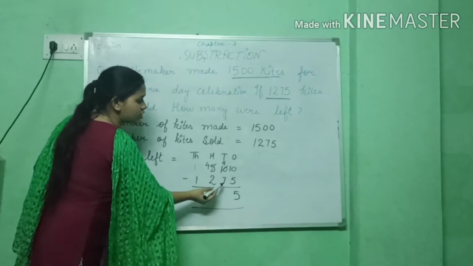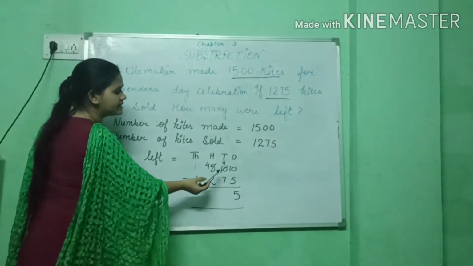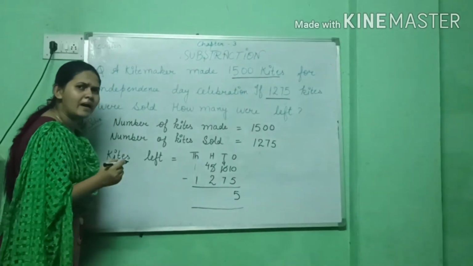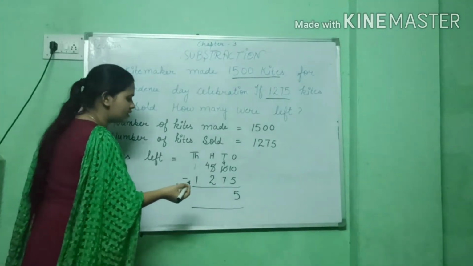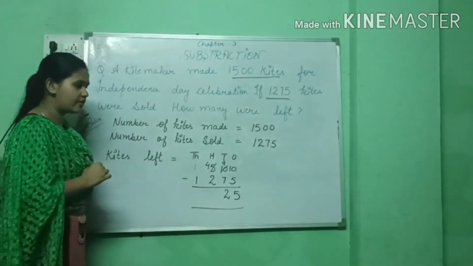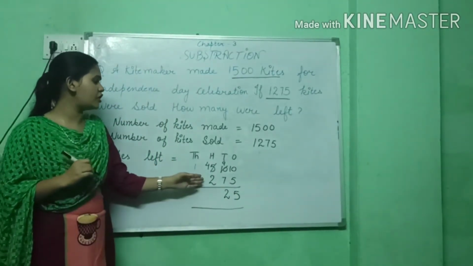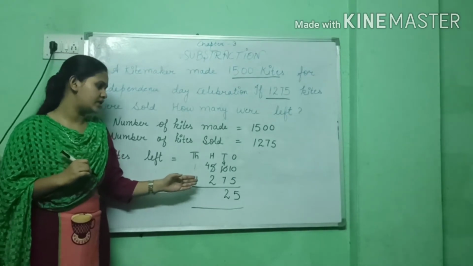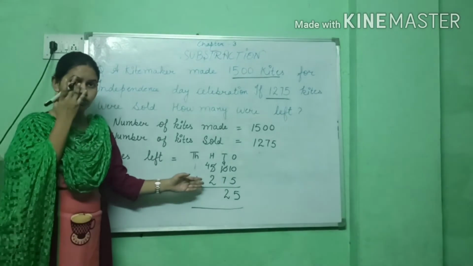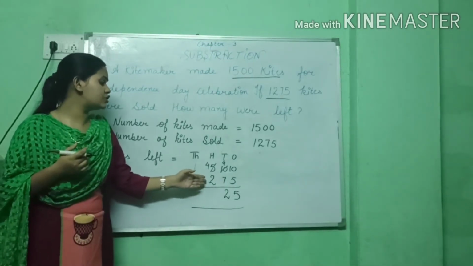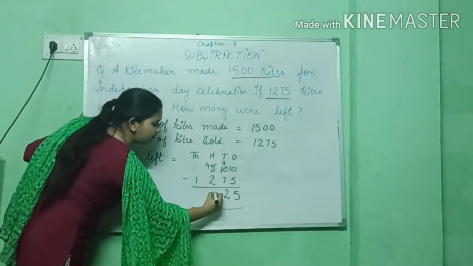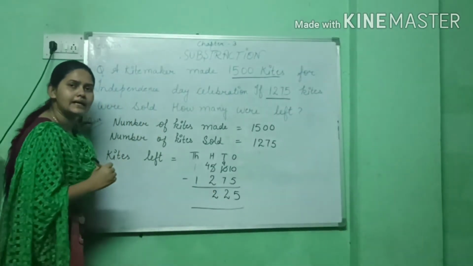Now come to the tens column. Here is 9 and here is 7. We have to minus 7 from 9. How much is left? 2 is left. Now come to the hundreds column. There is 4 and here is 2. We will minus 2 from 4, and we have 2.